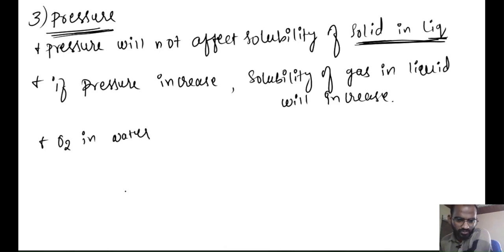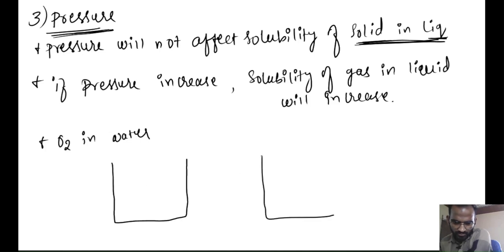Here I am having two beakers. In this one I am having water, and upside, in a different color, I am having oxygen gas, and some oxygen gas is also there inside the water.